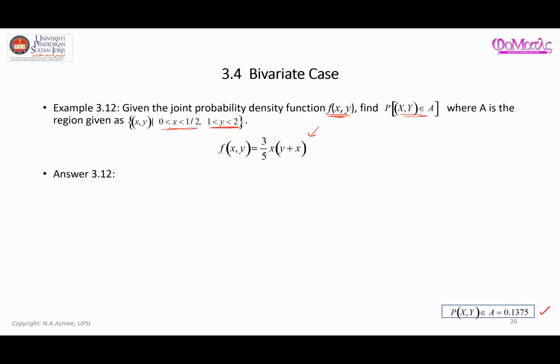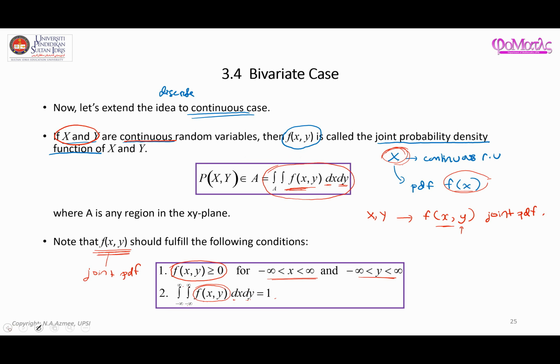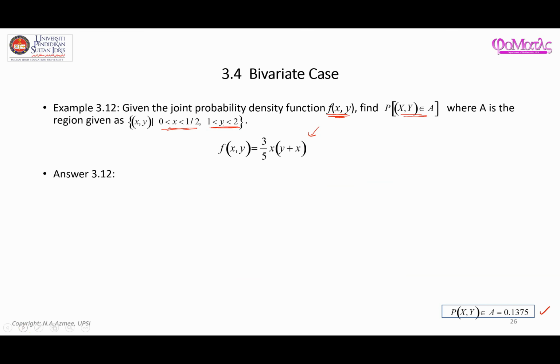Like I told you earlier, you can do it dx dy, or the other way around, dy dx, it doesn't matter. For this one, we do it in the order dy and dx. You at home can try it with dx dy.